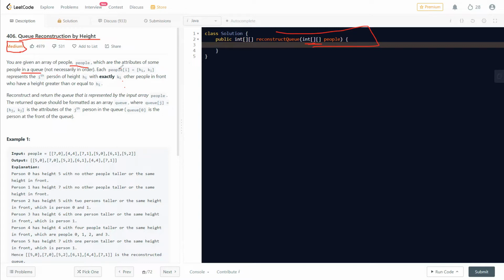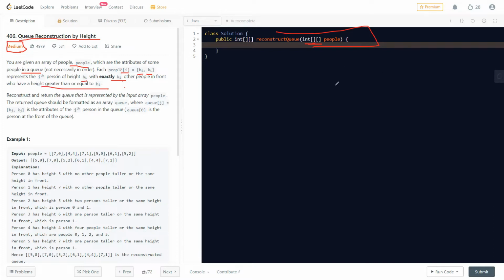Then it explains that each people[i] is actually another array, that is [hi, ki], and that represents the ith person of height hi with exactly ki other people in front who have height greater than or equal to hi.